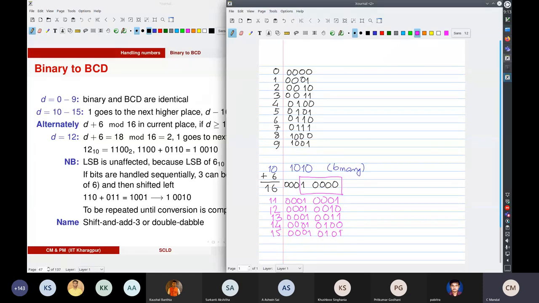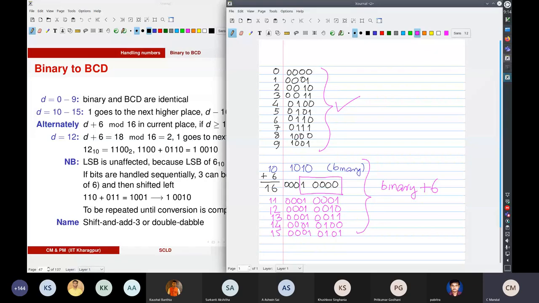So actually we stop here because our problem was really with this part. From 0 to 9 you don't have any problem because the binary and the BCD representations coincide. But here you need to transform. So the transformation is basically binary plus 6, then you get the corresponding BCD.